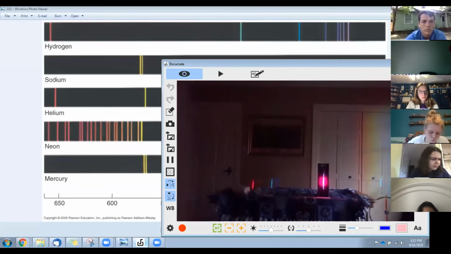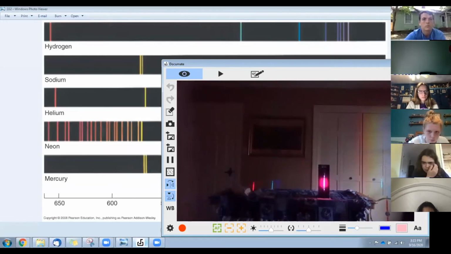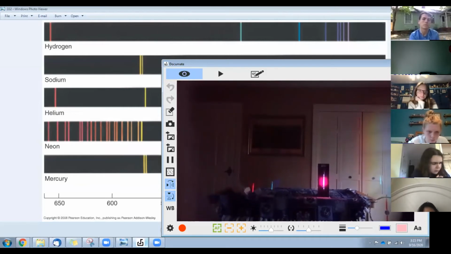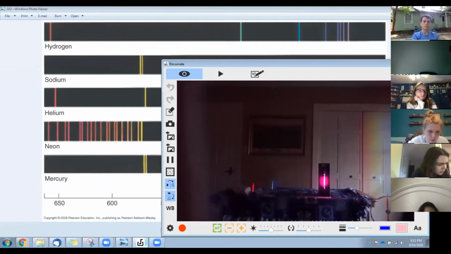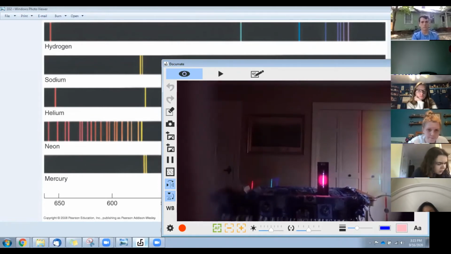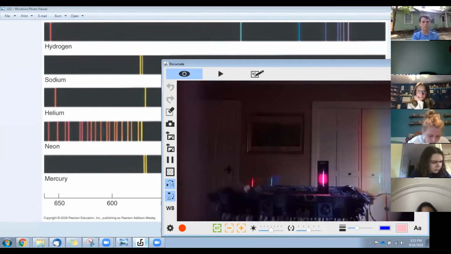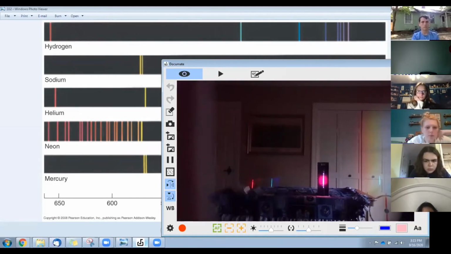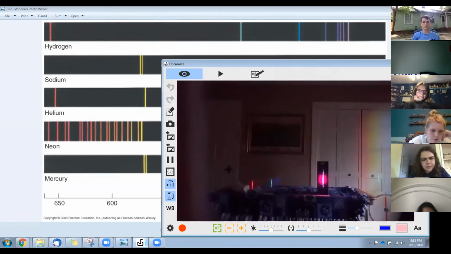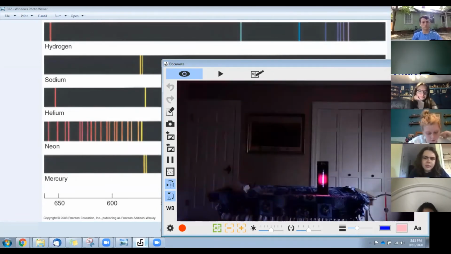Can you identify it based on the lines you see? From what I can tell, this webcam is not super sensitive in the blue. I think it's missing some of the bluer or more violet lines, but based on what you see, what do you think it is? Hydrogen? Yep, the most abundant thing in the universe in that tube there.